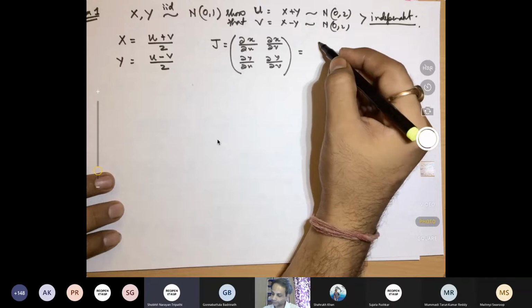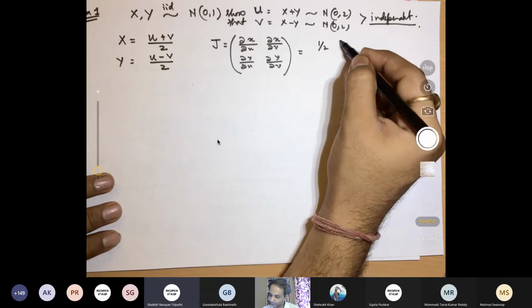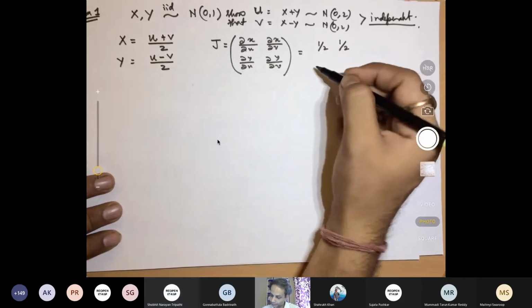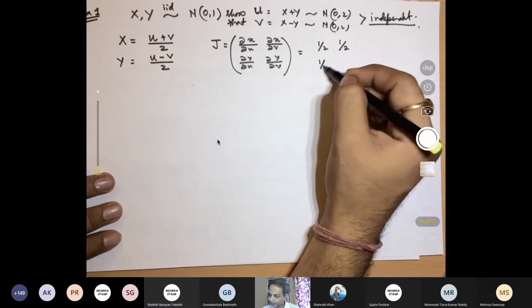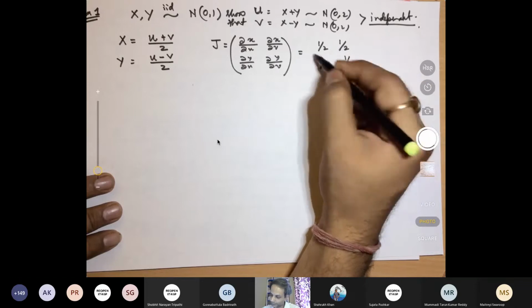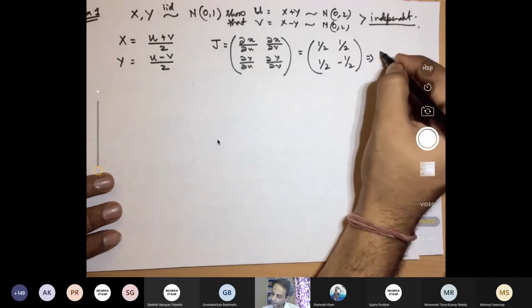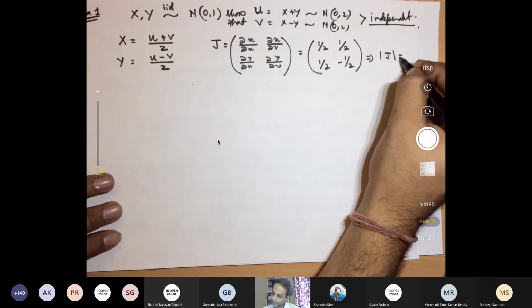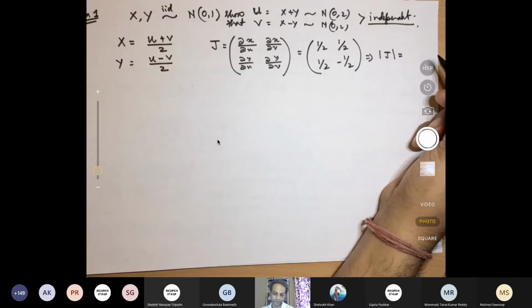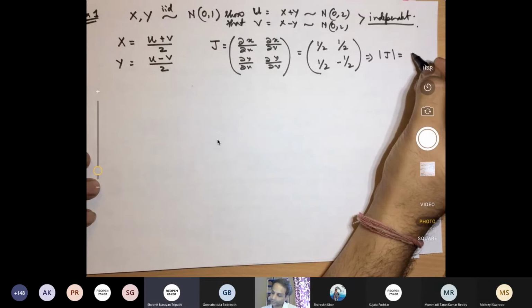One by two, say half, this one again half, this one again half, this one is minus. Okay. So the determinant of J is minus half, right?